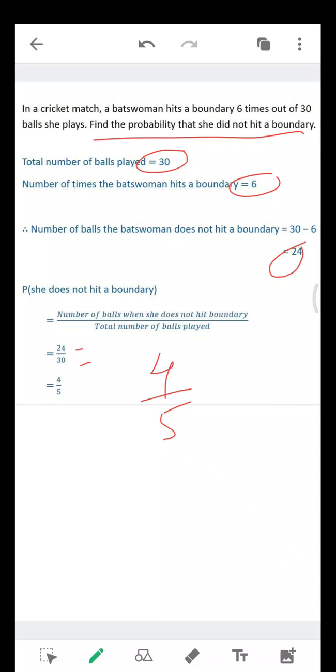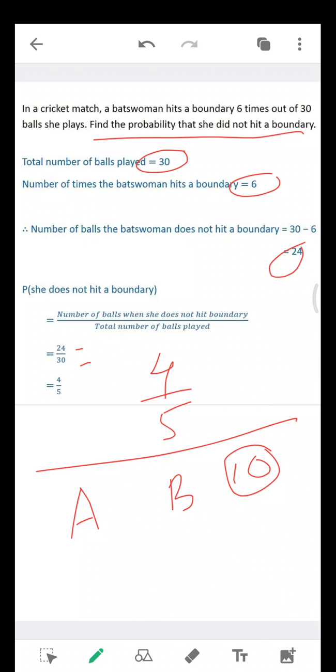This type of example can be used in our schools also. We predict there will be some students in our class who always get first rank, who always top the exam. Suppose out of 10 exams, there are two students, A and B. Student A stood first 9 times and student B stood first only 1 time.